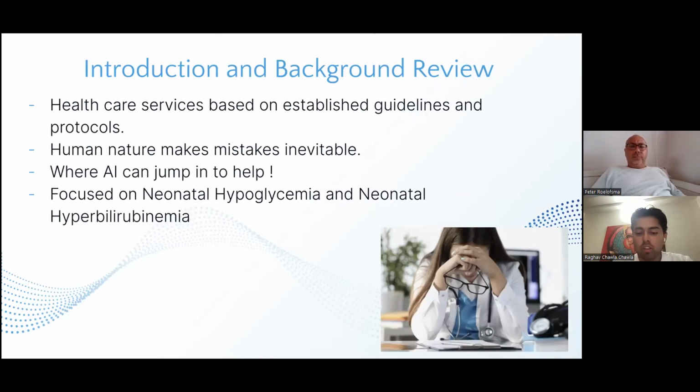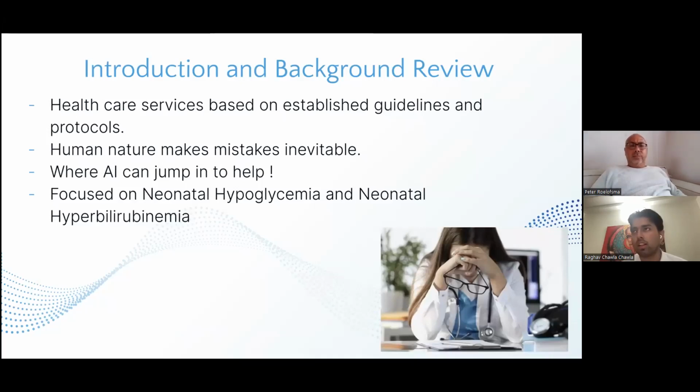However, no matter how much experience individuals have, and no matter how many times individuals learn the theory, human nature is such that it's inevitable to make a mistake. And sometimes this happens in the hospital as well, where healthcare practitioners can make mistakes while following a neonatal medical protocol that they already know about.